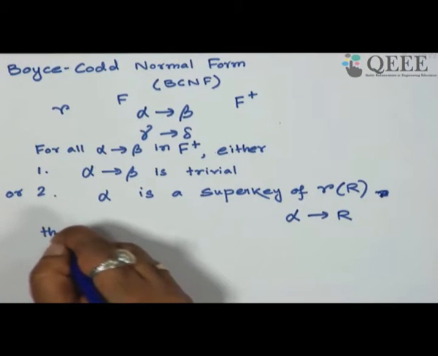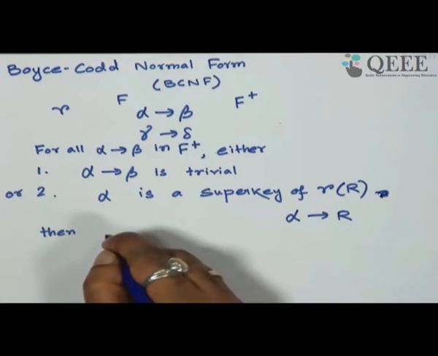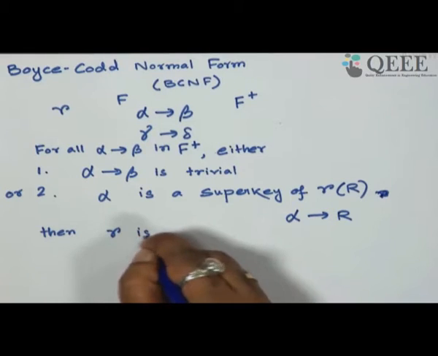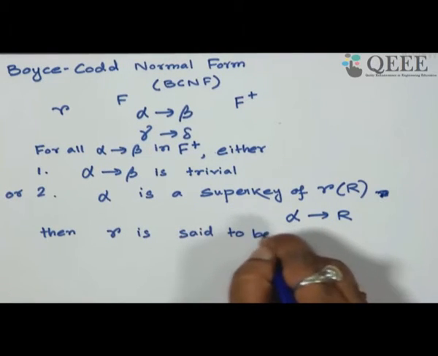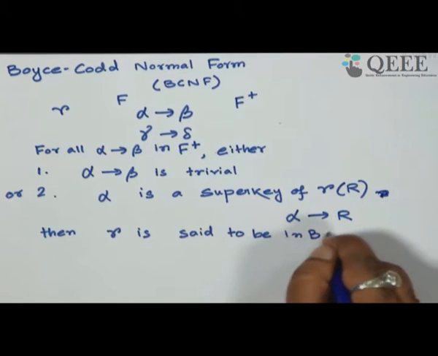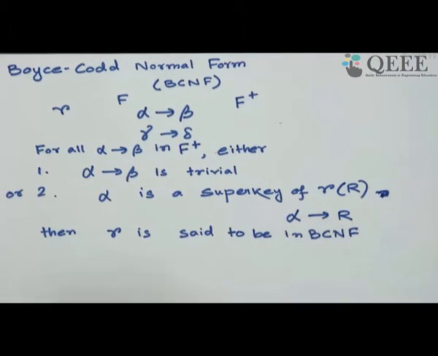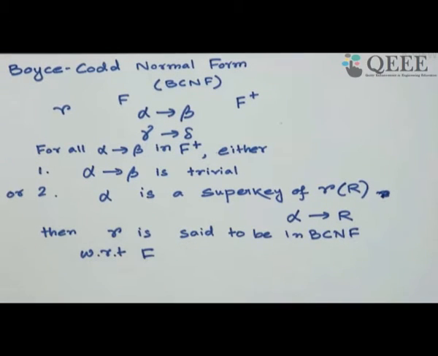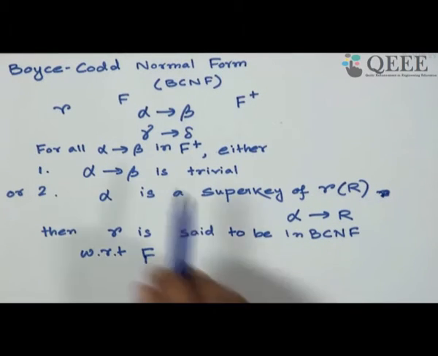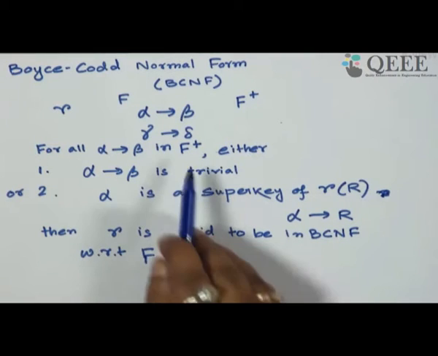Then R is said to be in BCNF with respect to the set of rules F. Note that it is not enough to check only the rules in F. You have to check the closure of F.